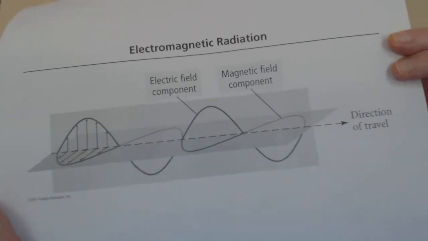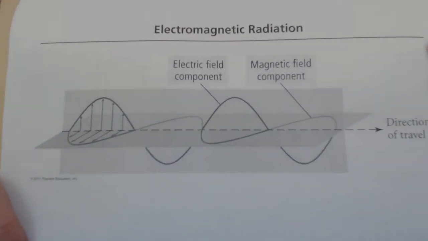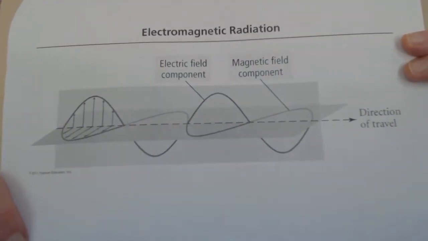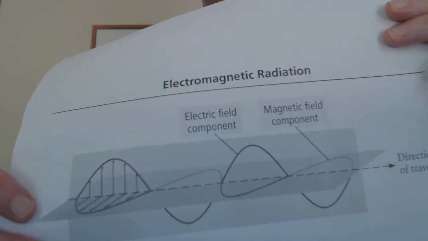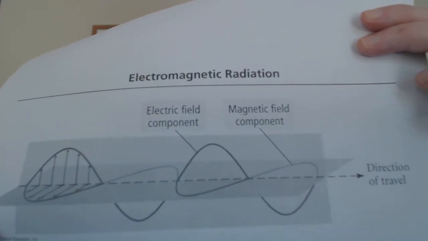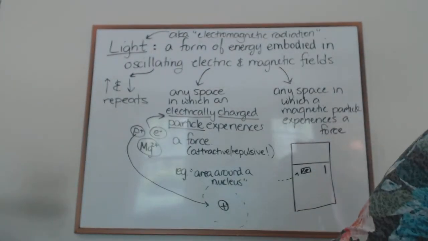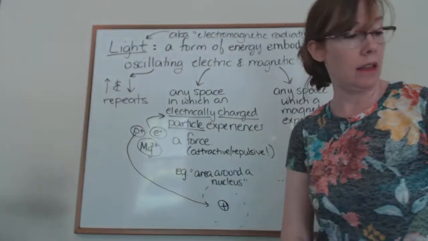That's not super important for us to focus on, but they are. And then also, the next thing I want to put on the board about light is that light moves. You can see direction of travel right there. Okay, so light is something that travels.